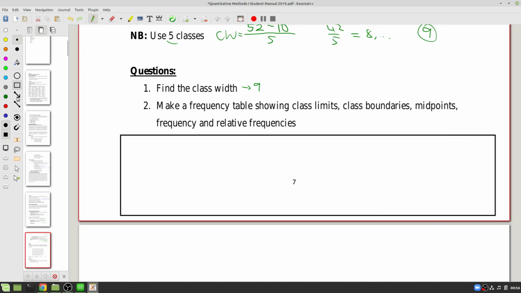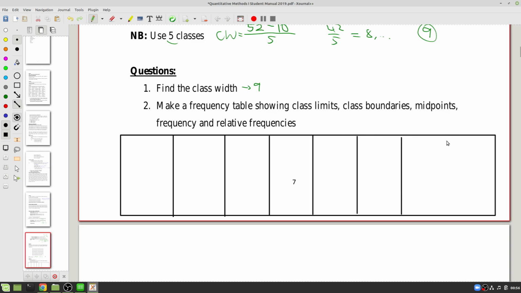We're going to have the class, then class limits, a lower limit and upper limit, the lower boundary, upper boundary, the midpoint, and then frequency and relative frequency. That should be all of it.